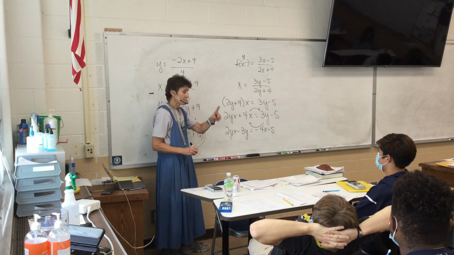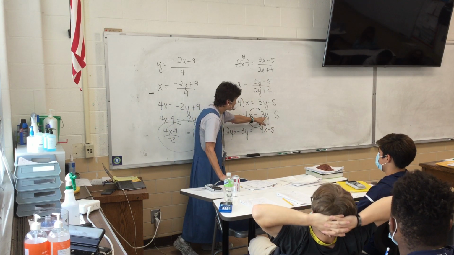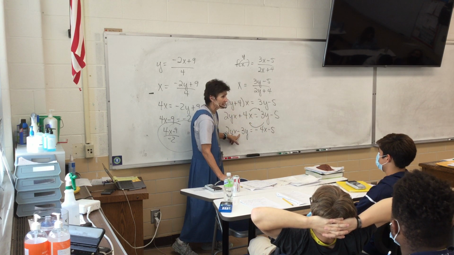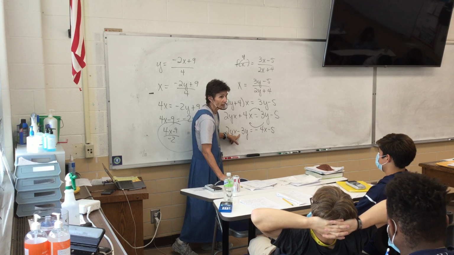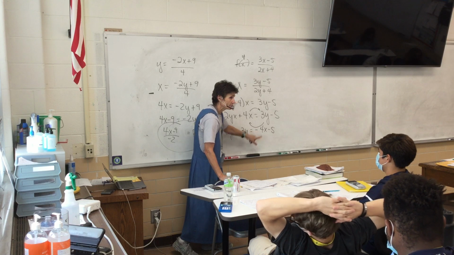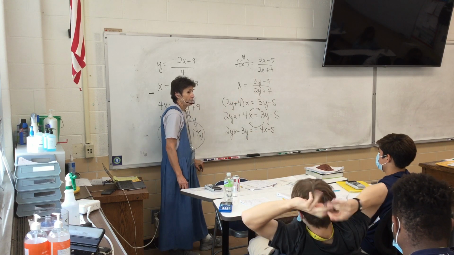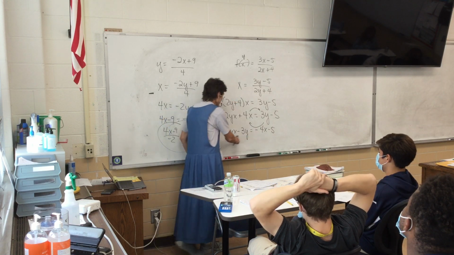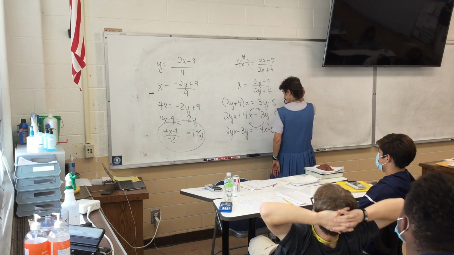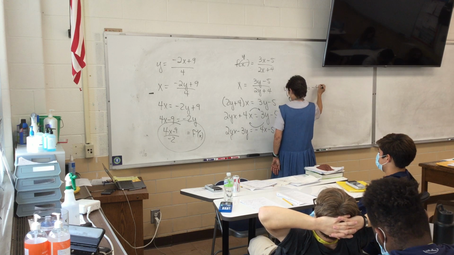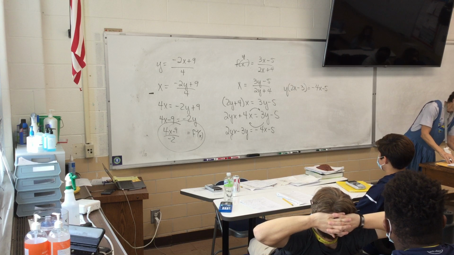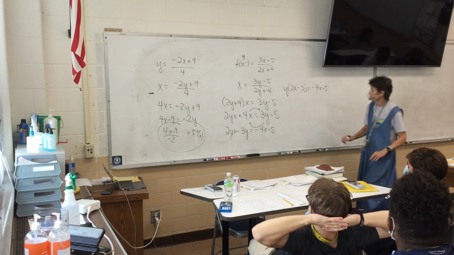Another place we ran into issues is, guys, if you're moving the 3y over to the other side, don't you have to make it negative? Don't you have to subtract it? And the same thing with the 4x, it's gonna become negative. Now, I can factor out a y, and then I can divide.